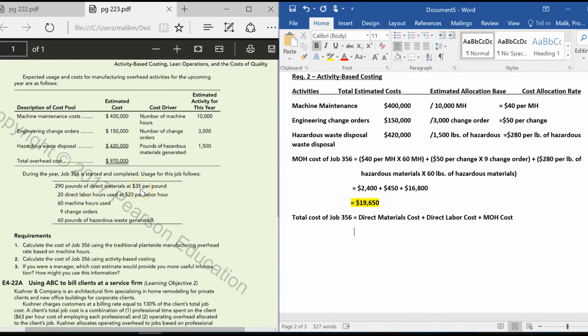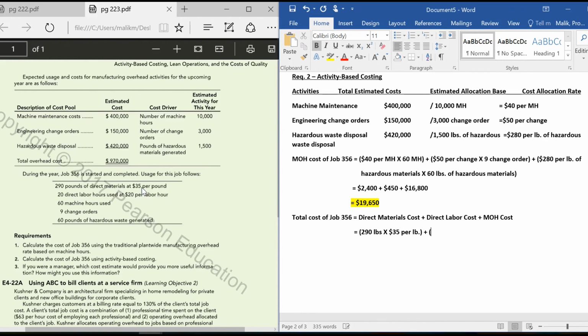Per pound cost is $35. We actually did it, but still I'm showing you: 290 pounds of direct material, and each pound costs $35. So this will be your direct material cost.